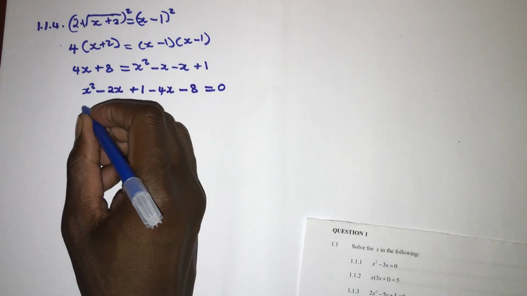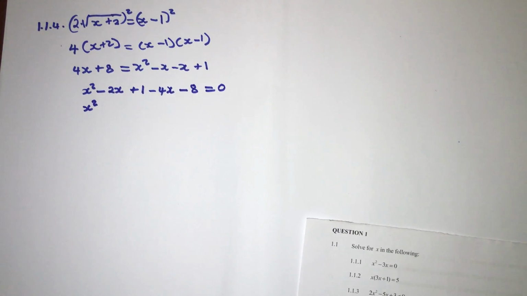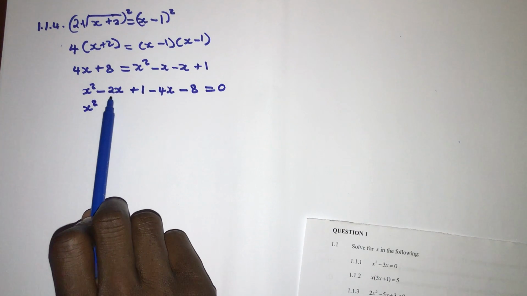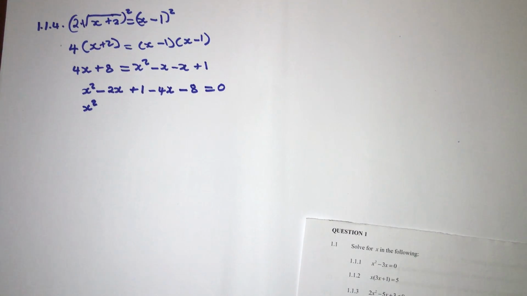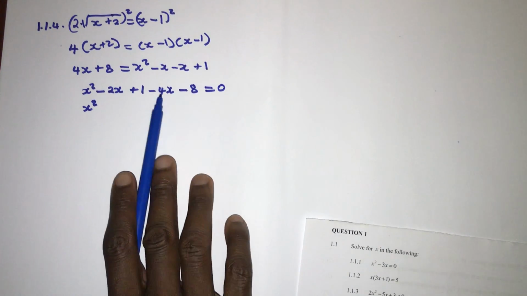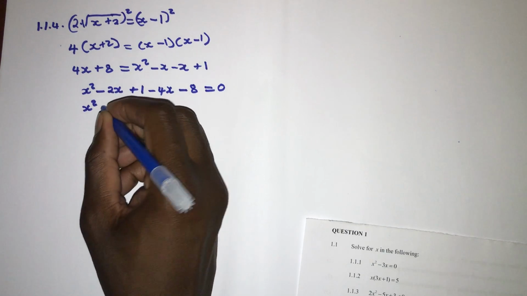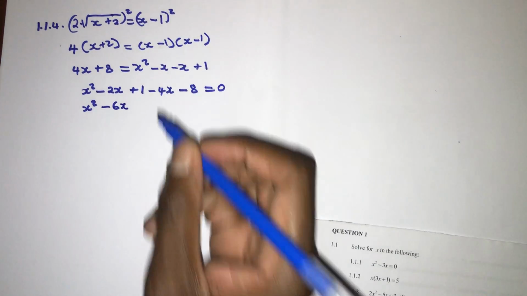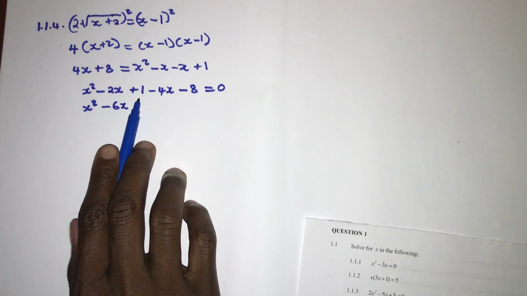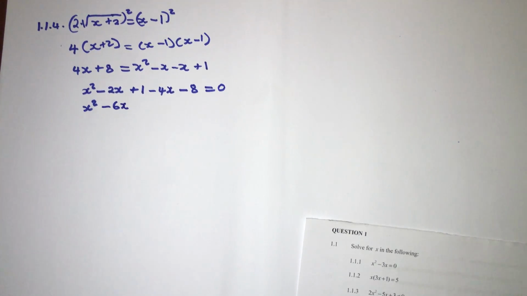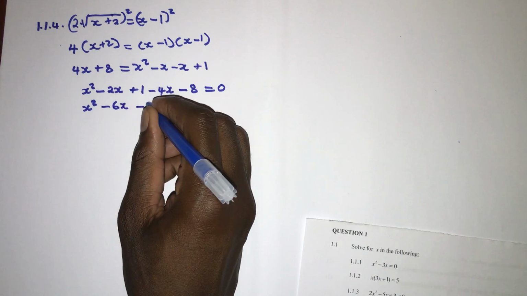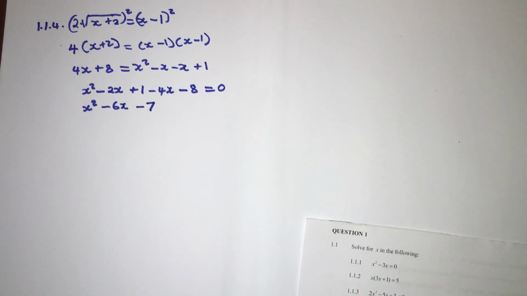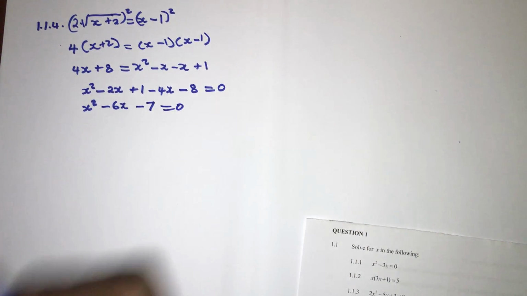So from here, we have x squared, it's alone. Then we have 2x and 4x, they are like terms. So it means that we either add or subtract. But since it's negative 2 minus 4, they're going to give us negative 6x. Here we have negative 1 minus 8, they are like terms. So 1 minus 8 is minus 7. Then it's equal to 0.